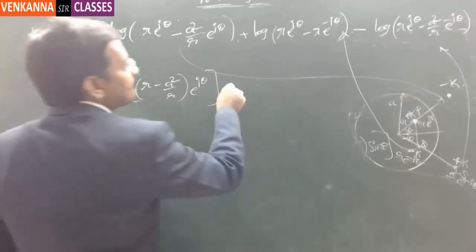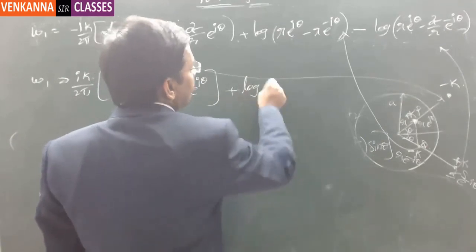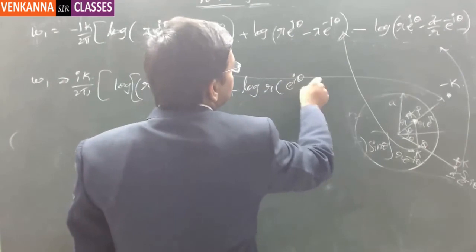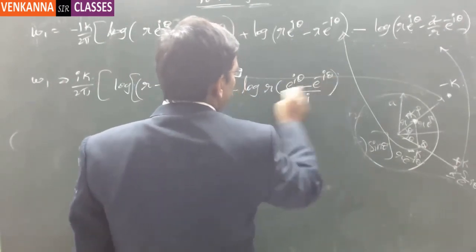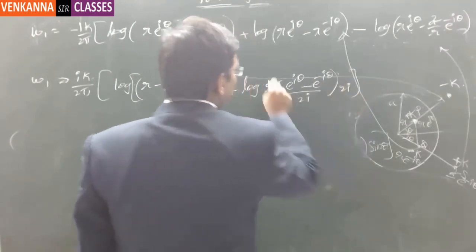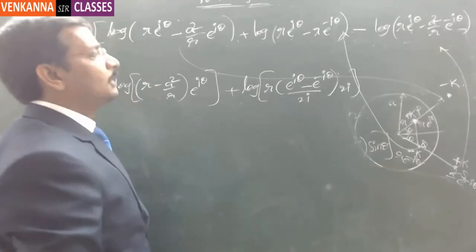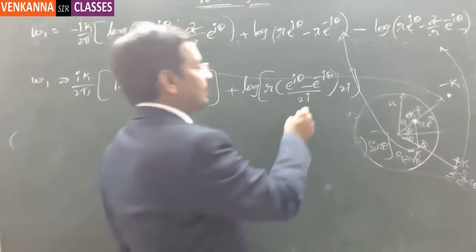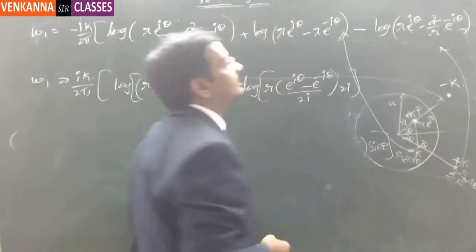And then plus here, log of R, if you take it out, e power i theta minus e power minus i theta by 2i into 2i, I will take it. Why I have done this way is, so this I can make as the sin theta, because e power i theta minus e power minus i theta by 2i will lead to sin theta. And then whatever is left over is here the other way.